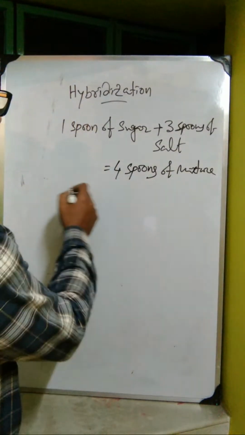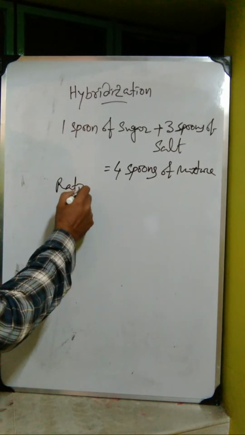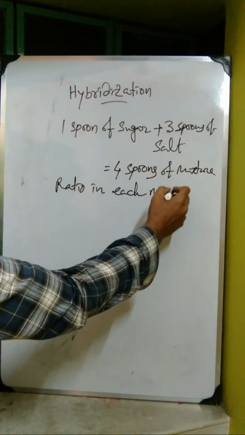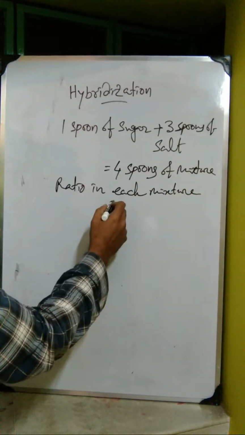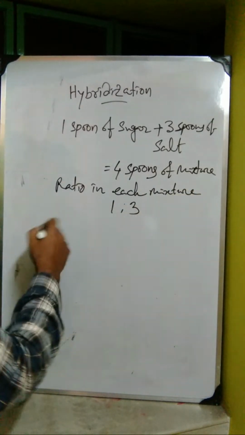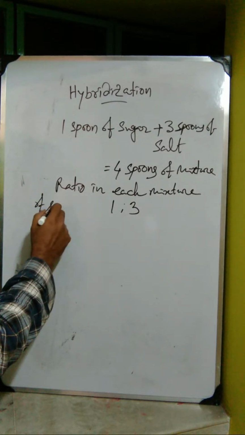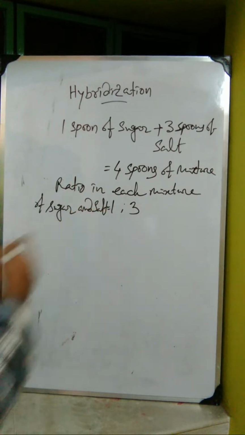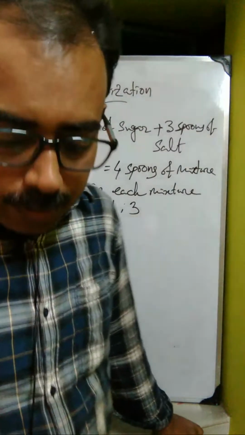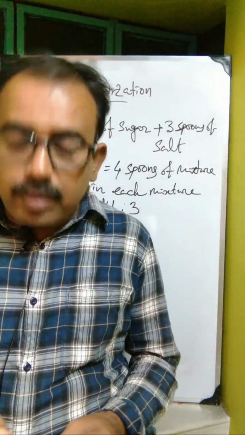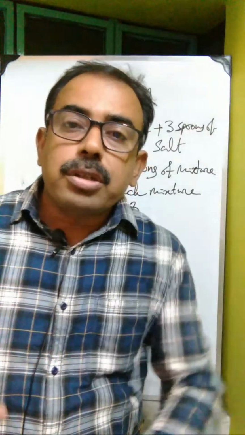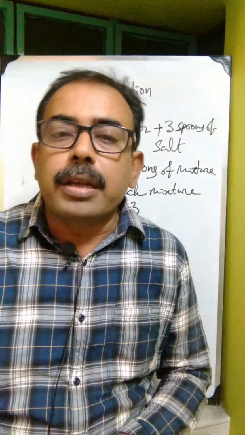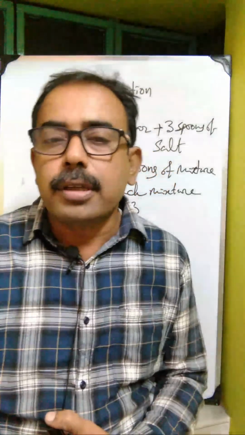So the ratio of sugar and salt in each spoon of the mixture will be 1:3.